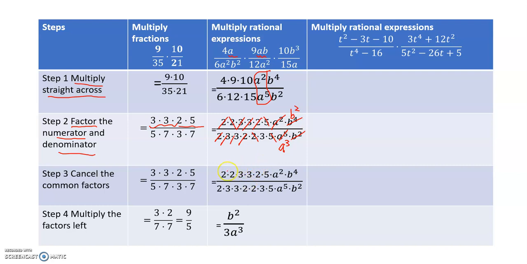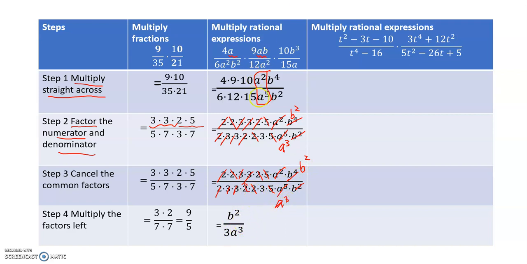Technically I was supposed to do this step right here. So we cross out all the numbers and variables. After that, we can just multiply straight across. So the top only has b squared and the bottom has 3 times a cubed. And that's all we have.